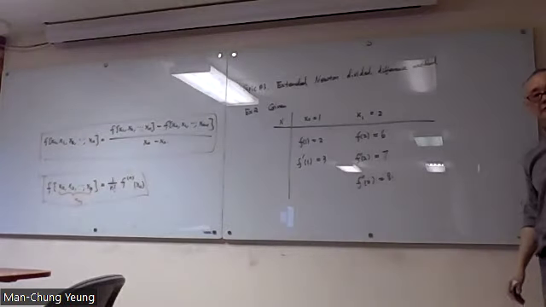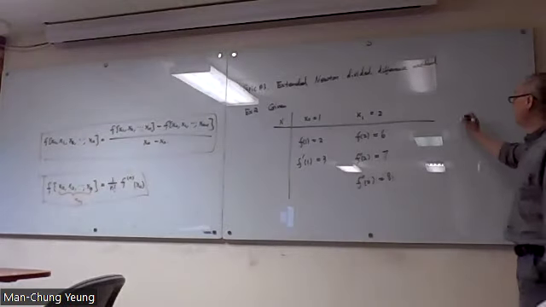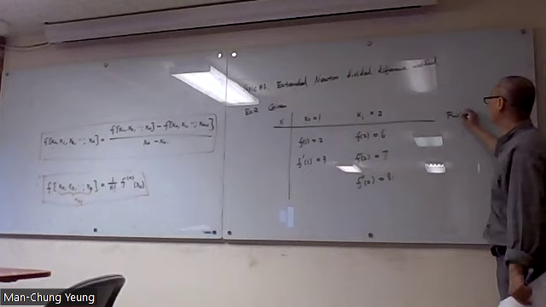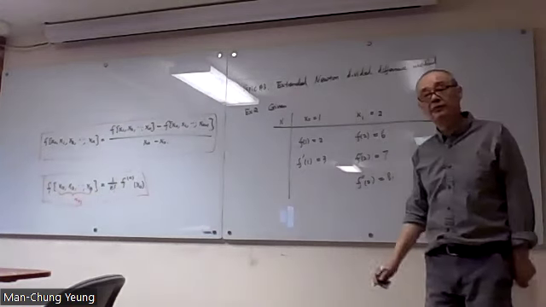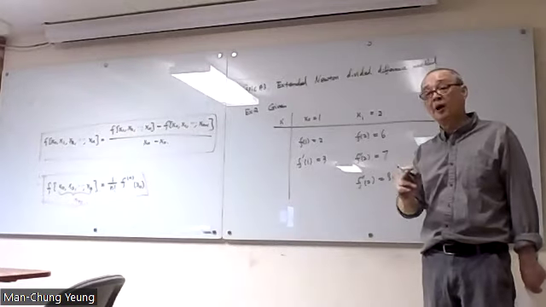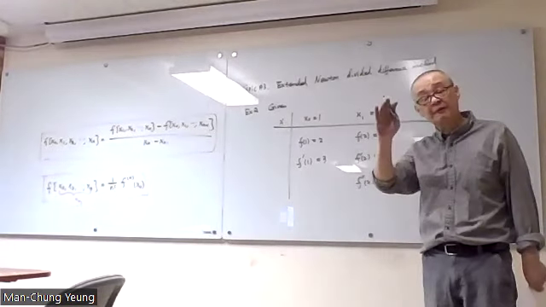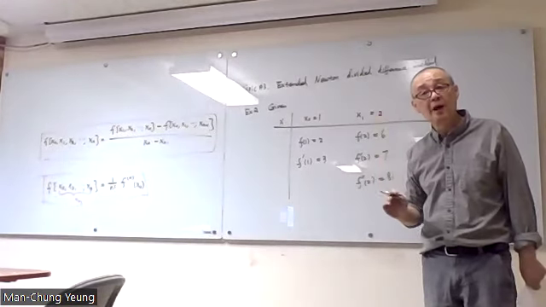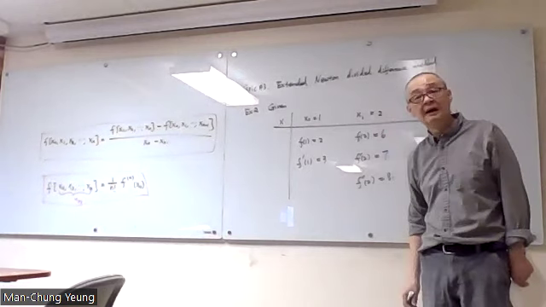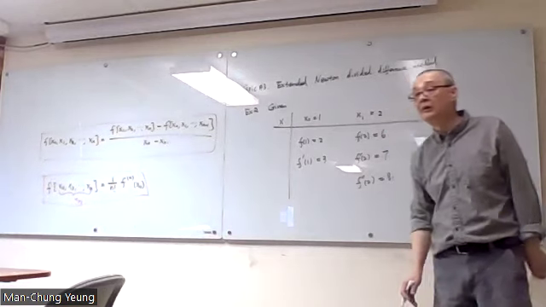5 conditions. The degree of the polynomial should be 4, because a degree 4 polynomial has 5 unknown coefficients.